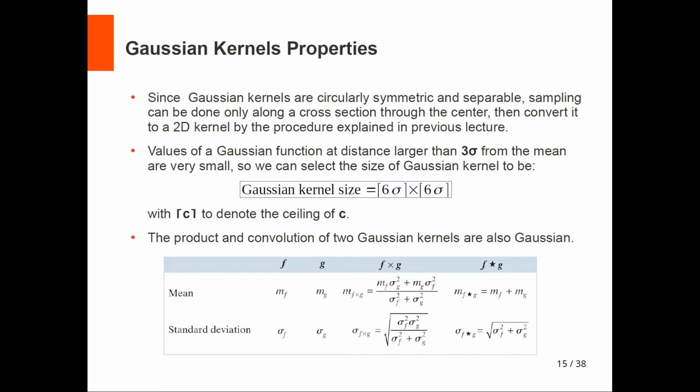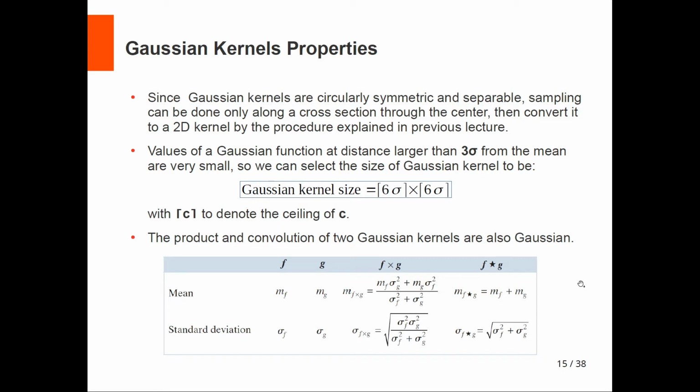One other nice property of the Gaussian kernels is that the product and convolution of two Gaussian kernels is going to be also Gaussian. So if we have f and g as two Gaussian functions with their own mean and standard deviation, the result of multiplication gives also a Gaussian kernel which has this mean and this standard deviation.